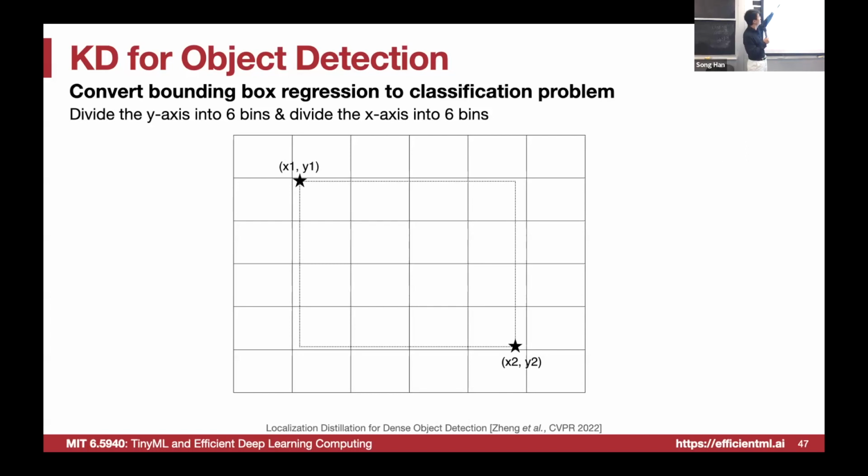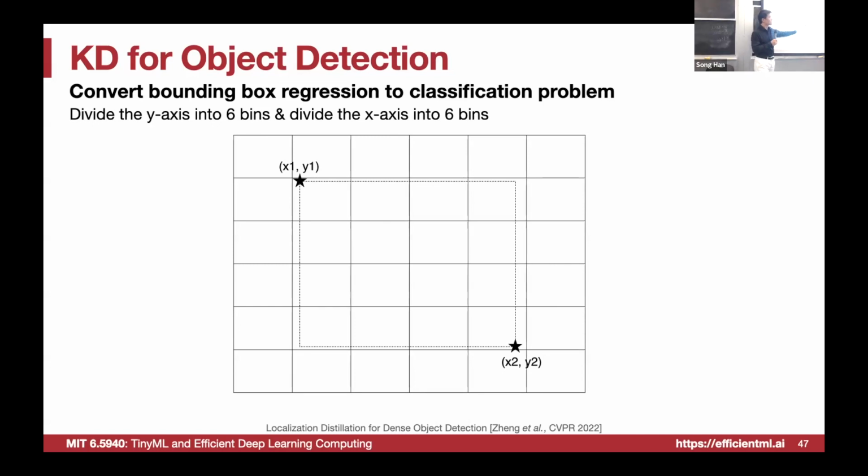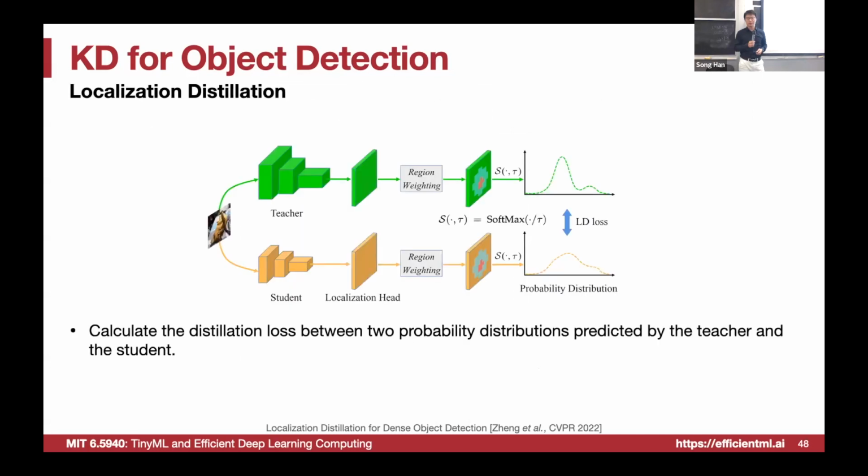So here we divide the y-axis into 6 bins, and also the x-axis into 6 bins. And we can see which bin the target is located at, and use that as a 1-of-6 classification problem, so that we can use our initial methods to calculate distillation loss between the two probability distributions among that classification problem by the teacher and the student. So that's for distillation.